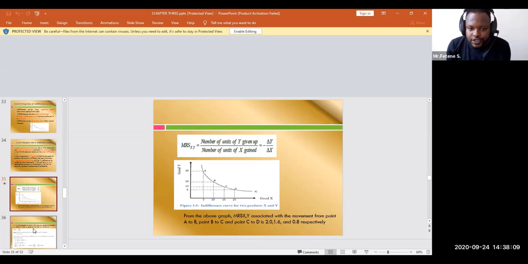So look, how can we calculate the marginal rate of substitution? The marginal rate of substitution, the combination of x and y. In this case, x and y are commodities, two commodities. Marginal rate of substitution can be calculated by this formula: number of units of y given up over number of units of x gained. Given up means from 10 to 6, that difference divided by the change of x.